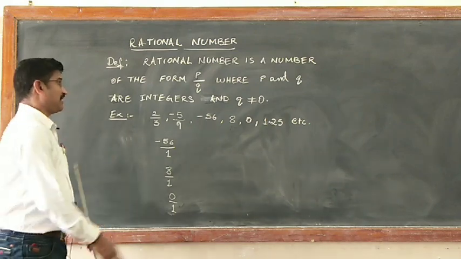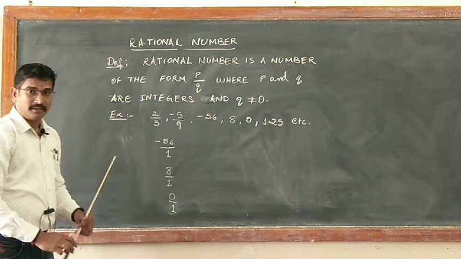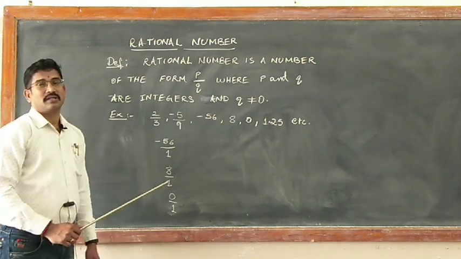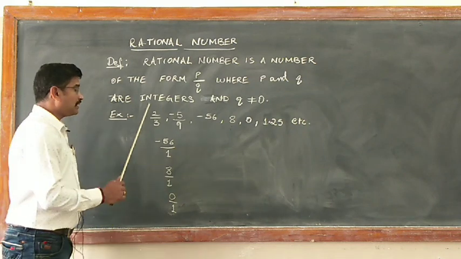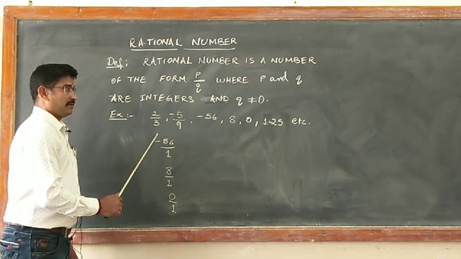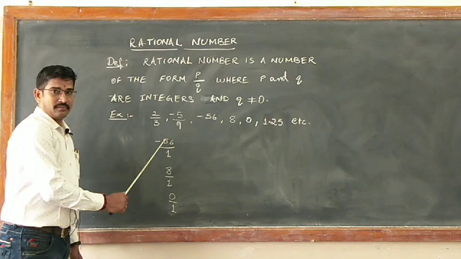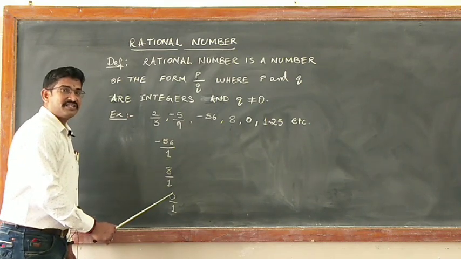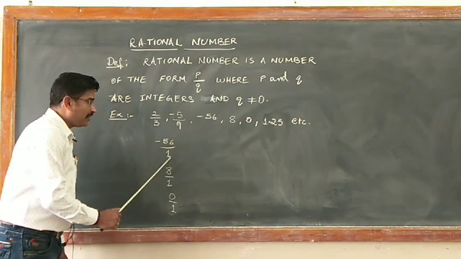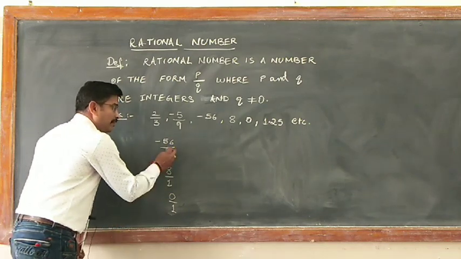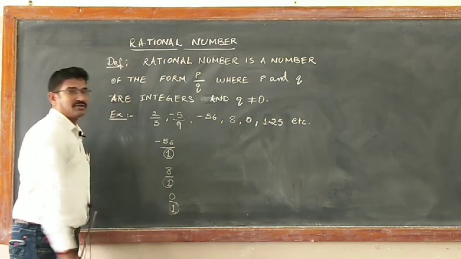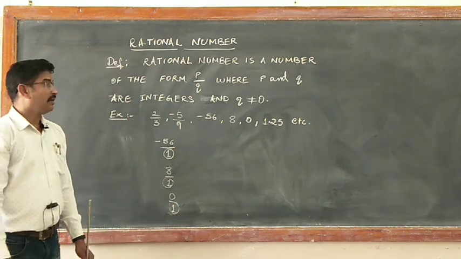So that satisfies the condition of a rational number, and that is why we can say all the integers, that is negative integers, positive integers and 0, which can be written with the denominator 1, are called rational numbers.